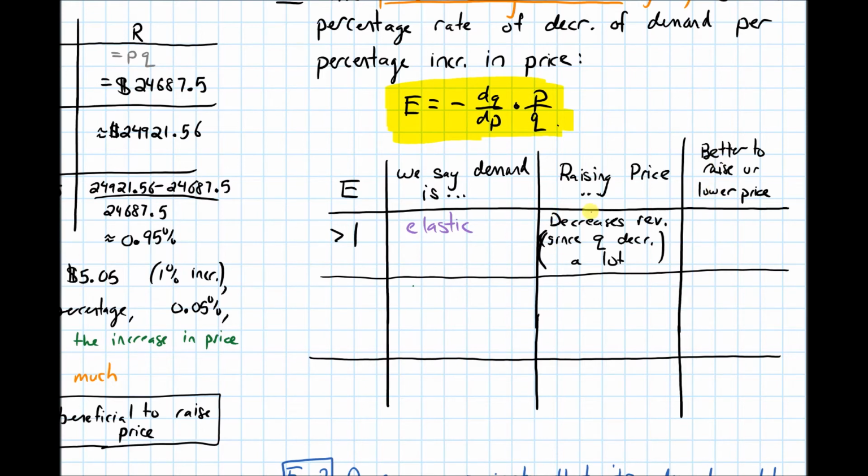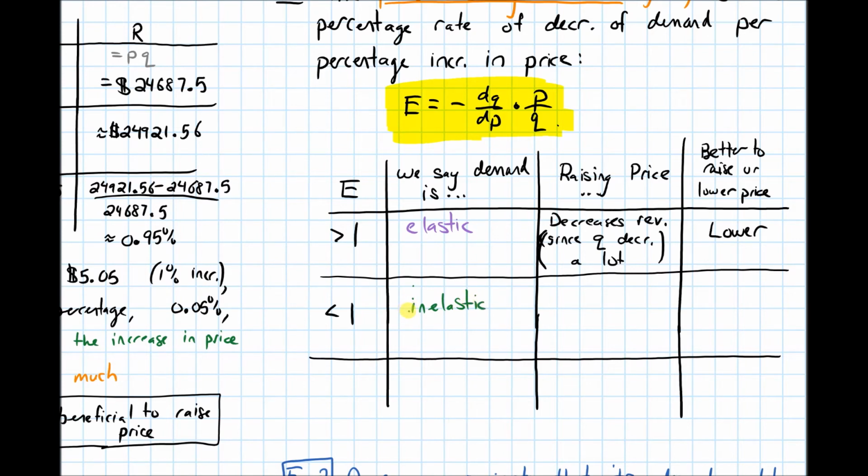On the flip side, if my elasticity is less than 1, that means the percentage change in demand is smaller than the percentage change in the price. And we say that the demand is inelastic in that case. It is not very sensitive to changes in price. If we change the price, the demand is not going to change by as much in terms of a percentage.